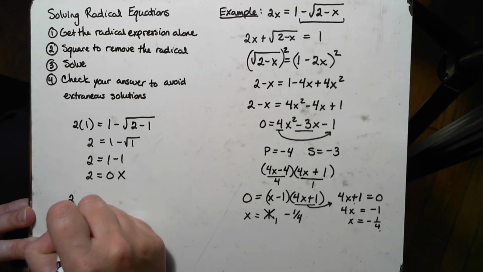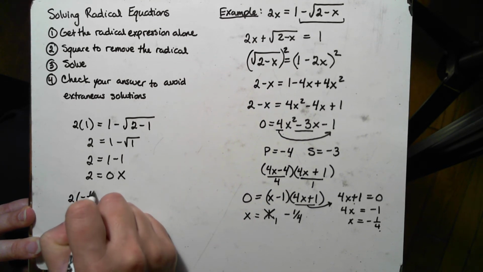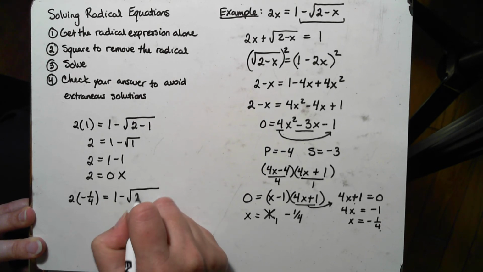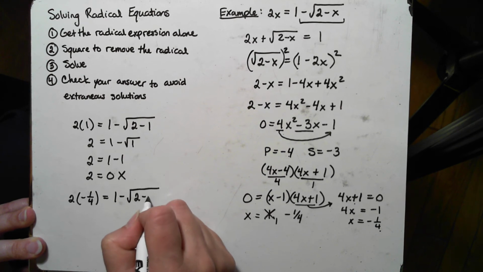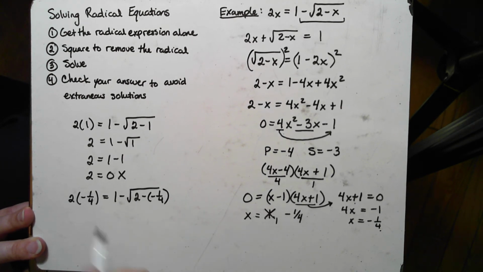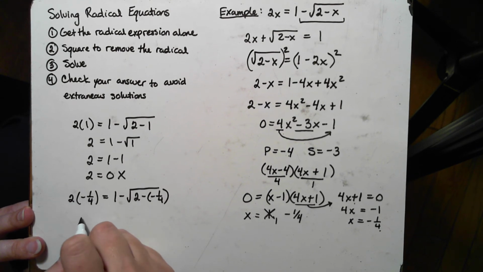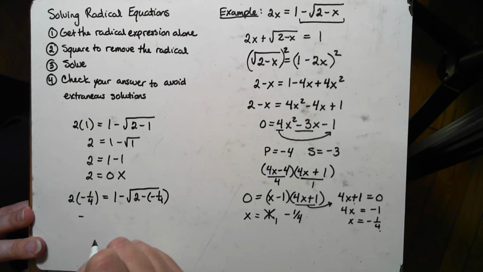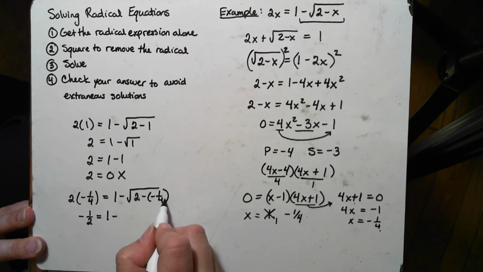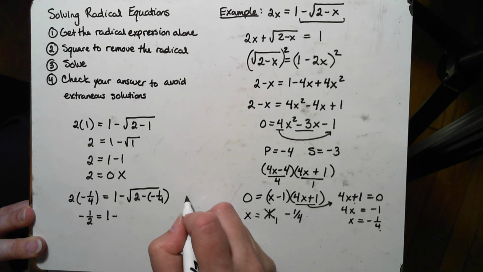So I have 2 times negative 1/4 equals 1 minus the square root of 2 minus negative 1/4. Okay, so 2 times negative 1/4 is negative 1/2. And I have 1 minus the square root of 2 minus negative 1/4, which is positive 2 and 1/4.